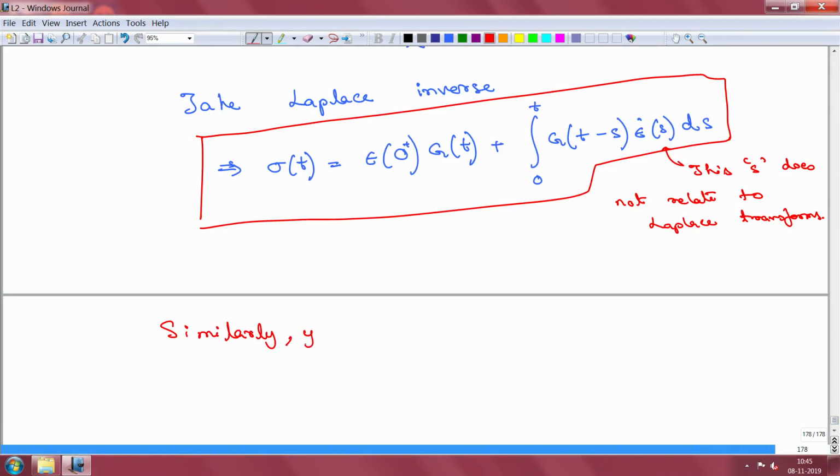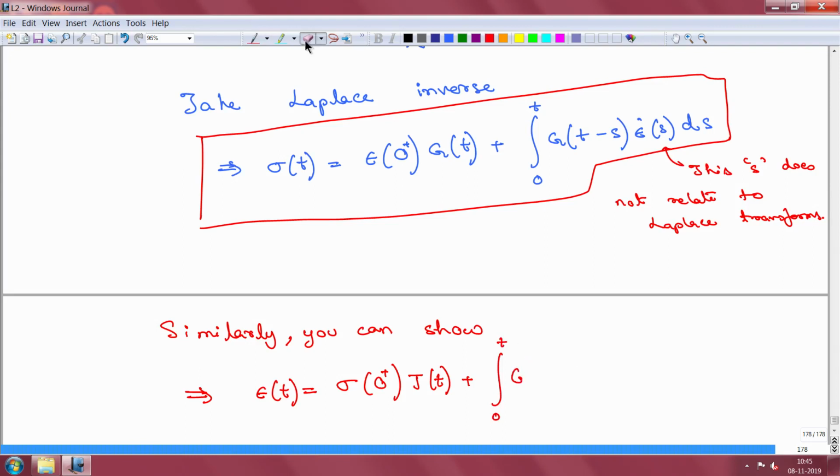you can show that epsilon t is equal to sigma 0 plus... So, instead of G, you will have J, the creep compliance, and here you will have a very similar convolution integral, and instead of G you will have J. It is becoming a bit of a tongue twister here.